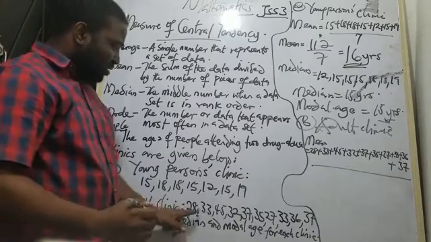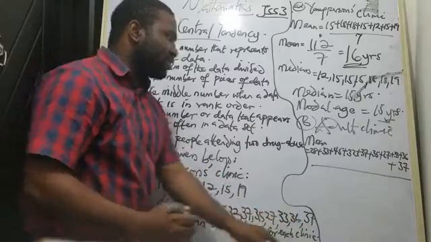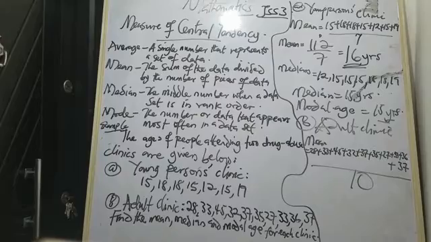Let's count: 1, 2, 3, 4, 5, 6, 7, 8, 9, 10. All over 10. Okay, let's see the calculation for this.